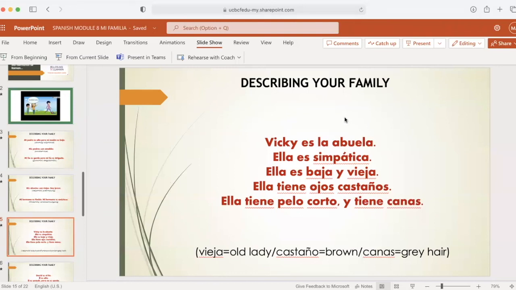Okay, repite por favor. Vicky es la abuela. Ella es simpática. Ella es baja y vieja. Ella tiene ojos castaños.